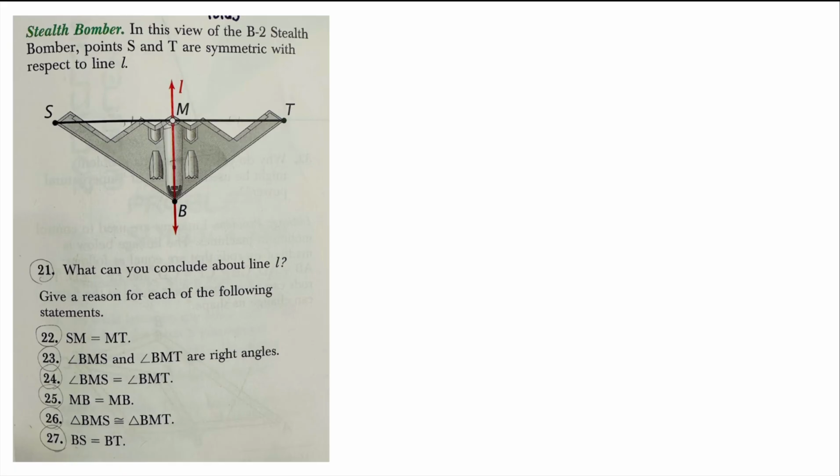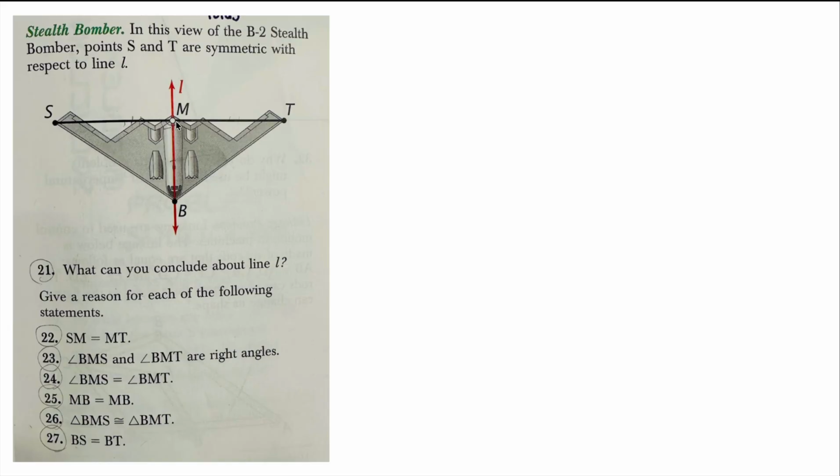In your book, it says stealth bomber. In this view of a B-2 stealth bomber, points S and T are symmetric with respect to line L. Since they're symmetric, we know that SM is equal to MT, okay? And since they are equal in distance, we can know that these are perpendicular.